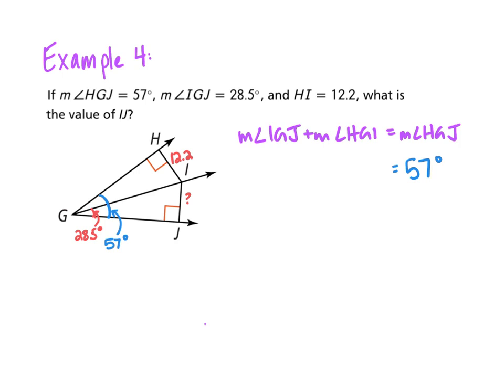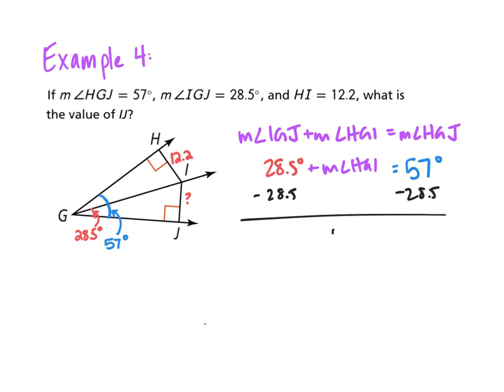We know that the measure of angle IGJ is 28.5 degrees. Then if we just subtract the 28.5 from both sides, that would tell us that the measure of angle HGI is also 28.5 degrees.